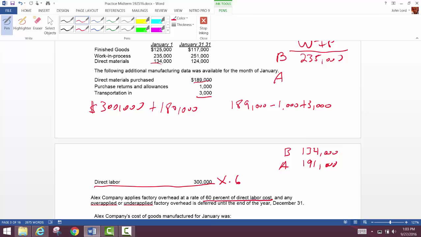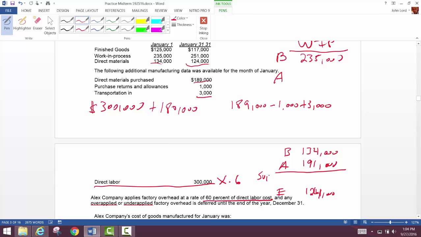And then they tell me the ending balance is how much? Ending balance in direct materials is 124. So I must have used how many?